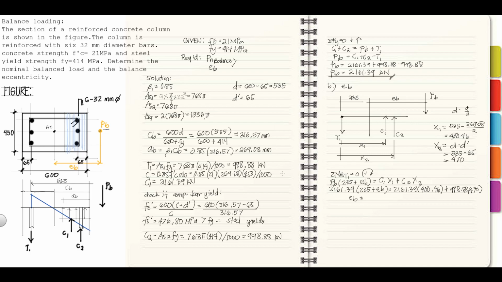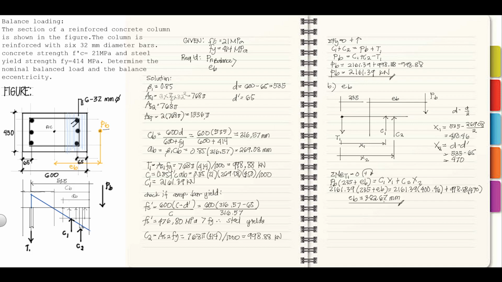So lumabas na EB sa akin is 382.669, so 382.67 mm. Okay? So this is our answer for the balanced eccentricity.